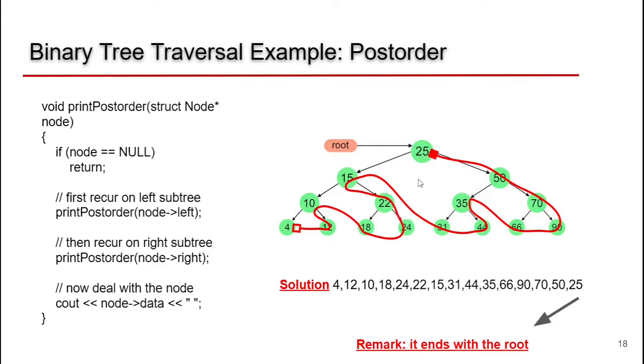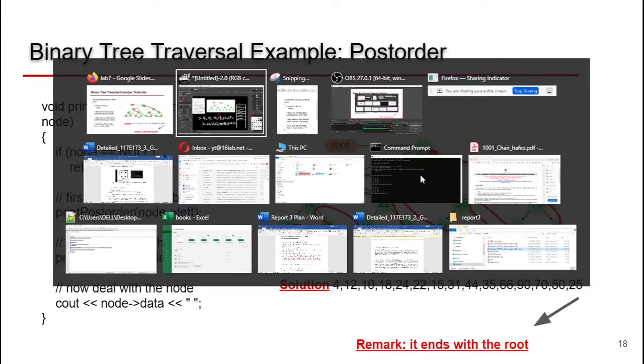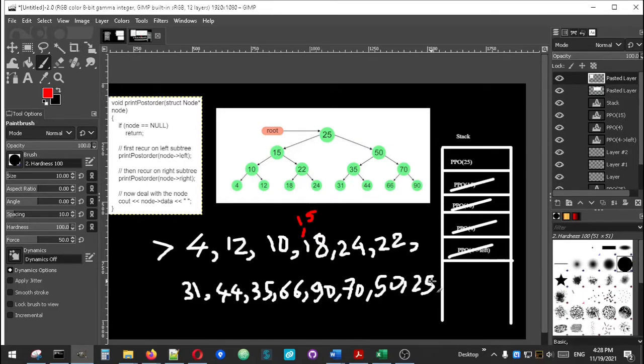In here, I think I drew it. No, actually it was not. It was not wrong because the root is the last one executed. If you remember, the root here was the last one, 25.